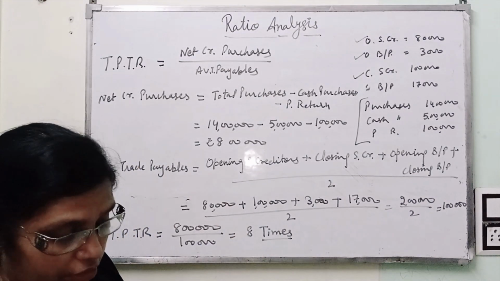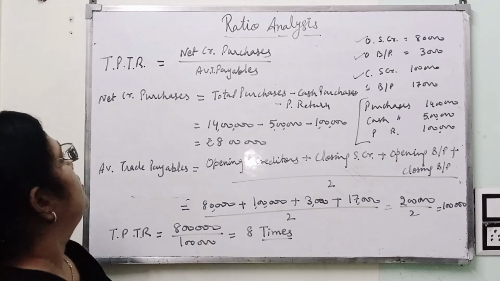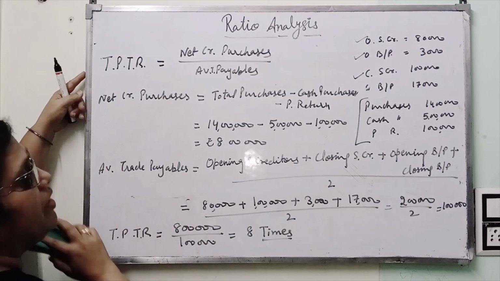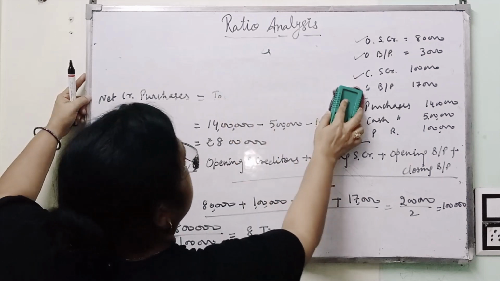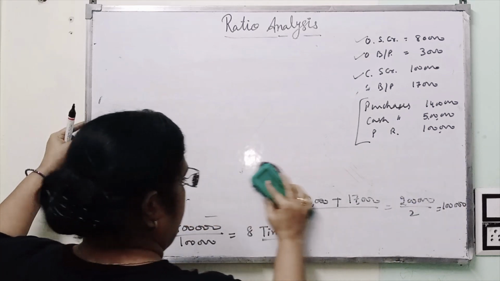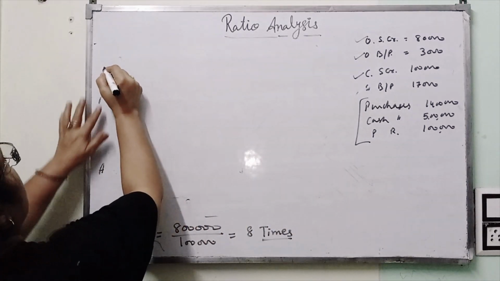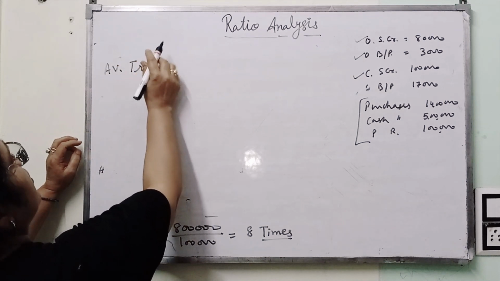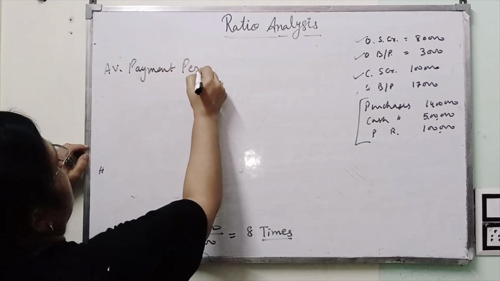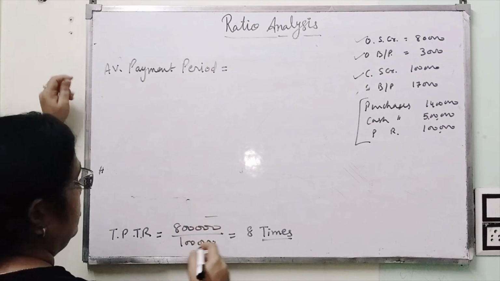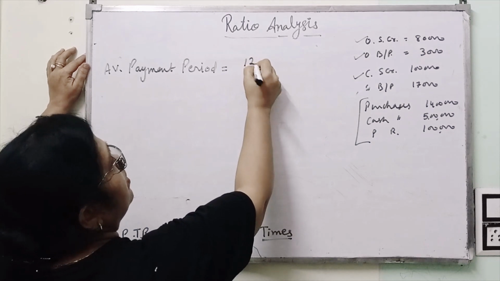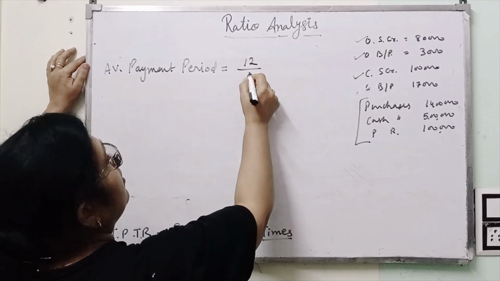Now for the same question, we want to calculate the average payment period. Is this concept clear to you? I think it is very much clear. Average payment period is equal to, if we have to calculate in months, number of months upon ratio, 12 upon 8.